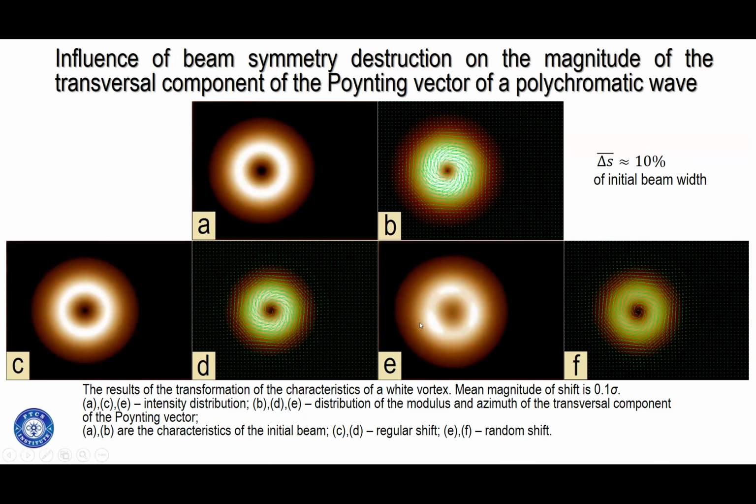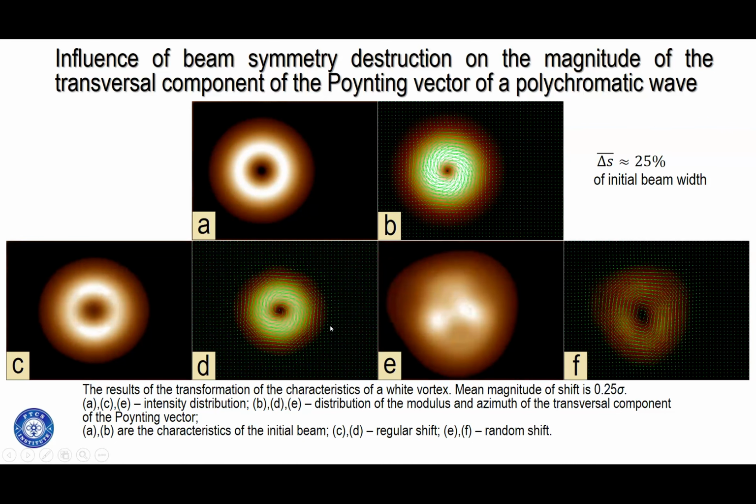As to the random shift, the deep maximum in the center of the beam has practically disappeared, but the circulation of the pointing vector near the singular points is observed for both cases.